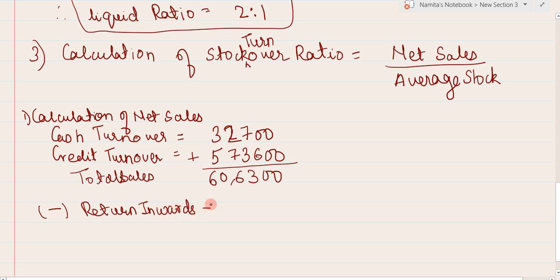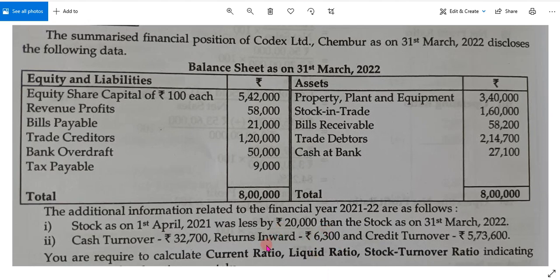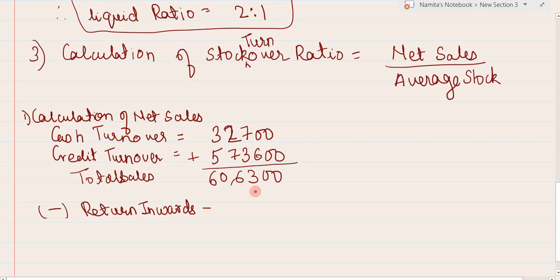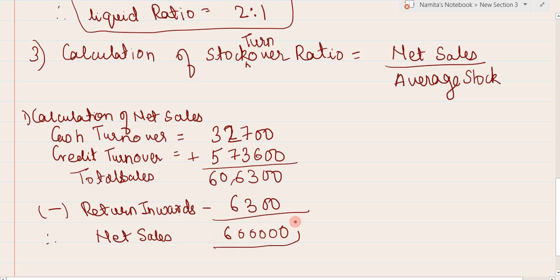The amount of return inward is 6,300. So the total net sales is equal to 6 lakh rupees. This is our net sales.